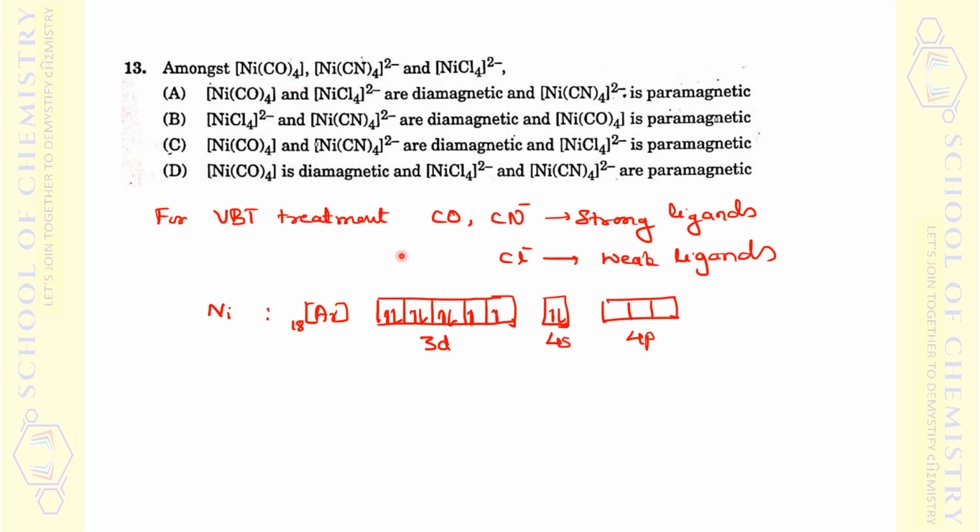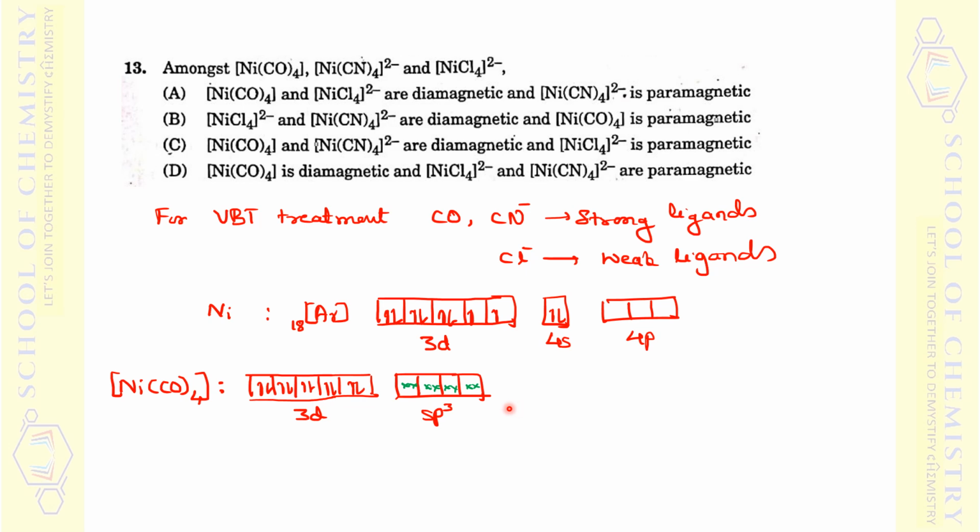Here, because carbon monoxide is a strong ligand, when the carbon monoxide ligands approach, these electrons pair up, and 4s mixes with 4p to form sp3 hybrid orbitals. Four pairs of electrons from carbon monoxide occupy these sp3 hybrid orbitals, and the final electronic structure can be placed in this way.